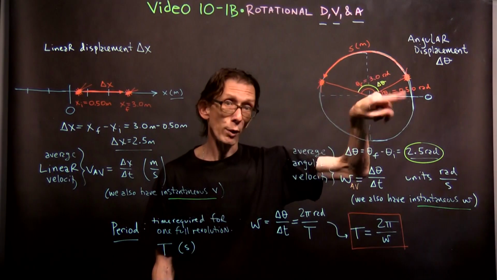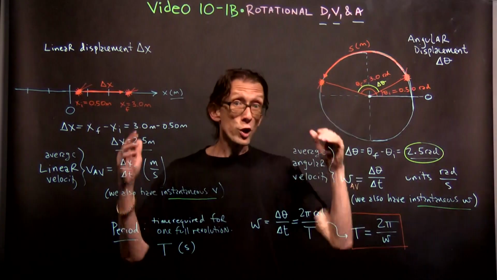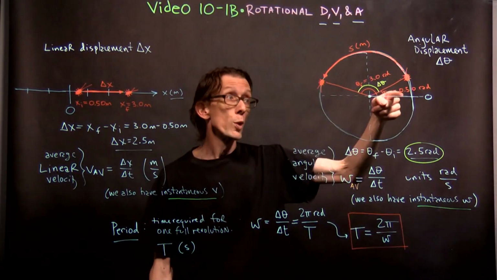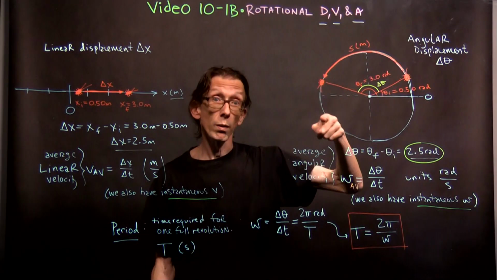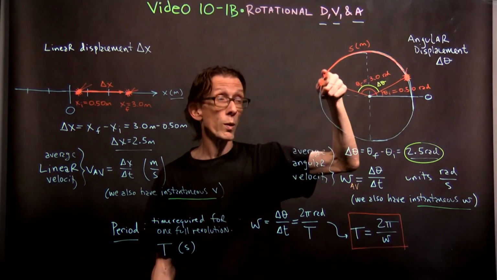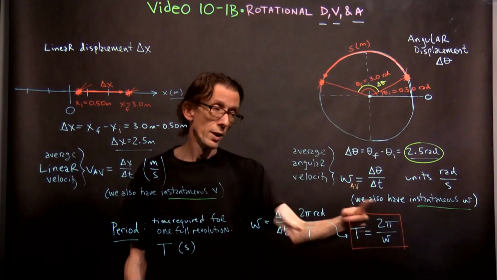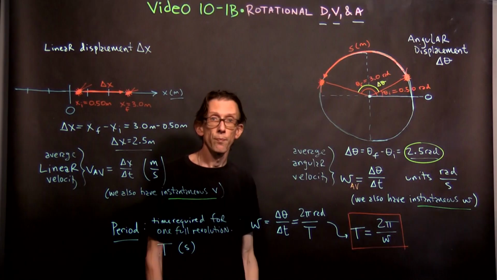It takes him very little time to go around once. If he's just chilling and going real slow around, the period's going to be large. So if omega is small, the period will be large. That's the connection between the two.